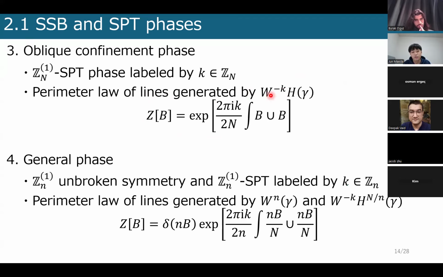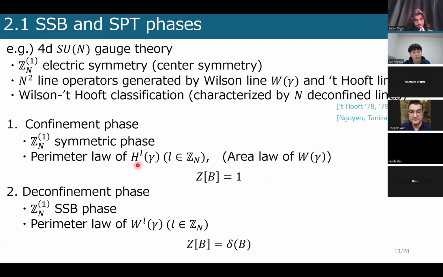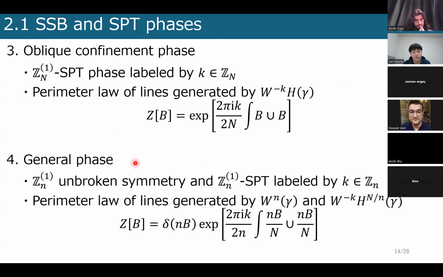So usually the confinement phase is characterized by the perimeter law of the 't Hooft loop, but here this oblique confinement phase is characterized by the perimeter law of this kind of dyonic loops. It means that in the oblique confinement phase, not monopoles but dyons condense. Thus, this phase is called the oblique confinement phase.